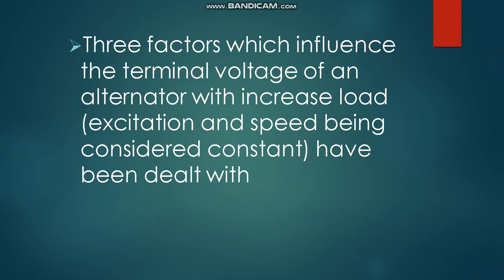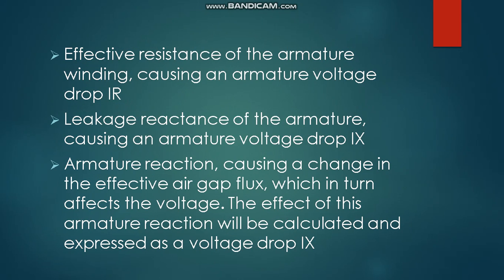For the conclusion, three factors which influence the terminal voltage of an alternator with increased load have been dealt with, with excitation and speed being considered constant. First, the effective resistance of the armature winding, causing an armature voltage drop IR. The leakage reactance and the armature reaction will be reported by the next reporter, but I include some of the information here.